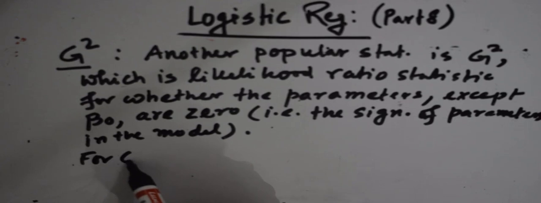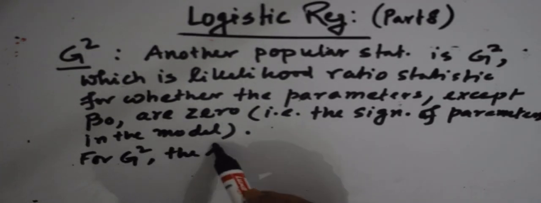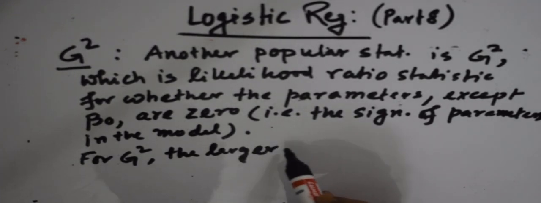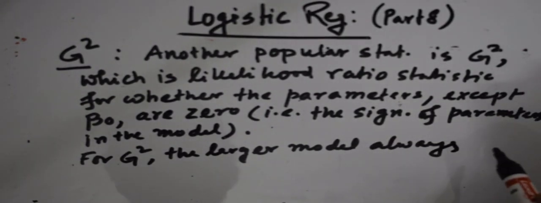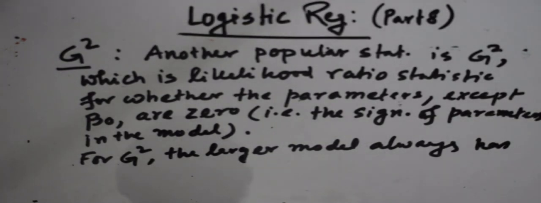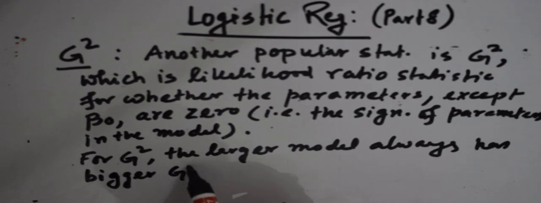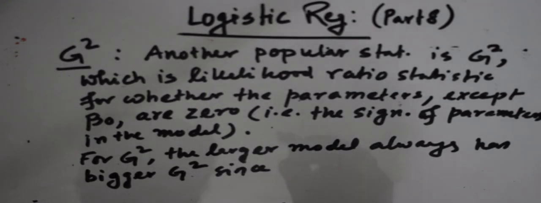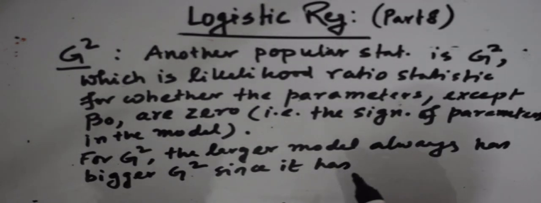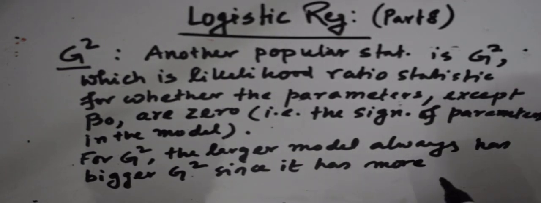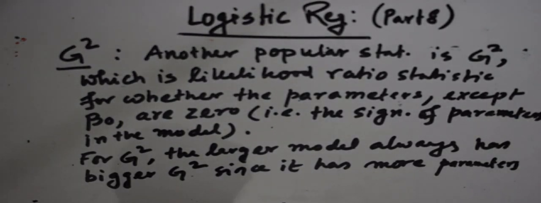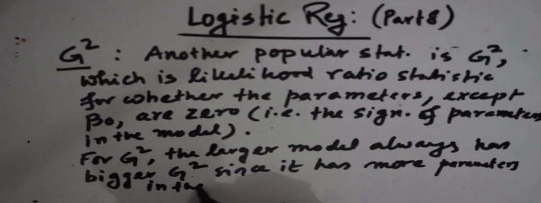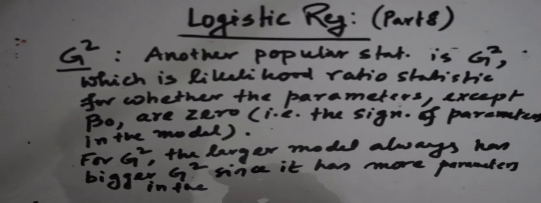For G-square, the larger model always has a bigger G-square, since it has more parameters in the model.